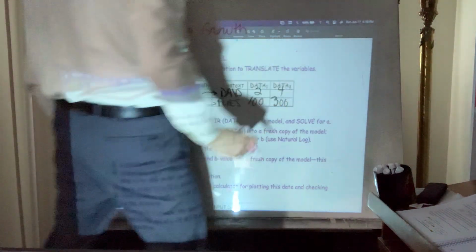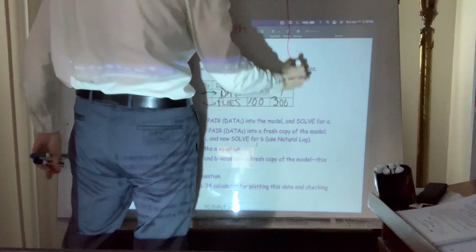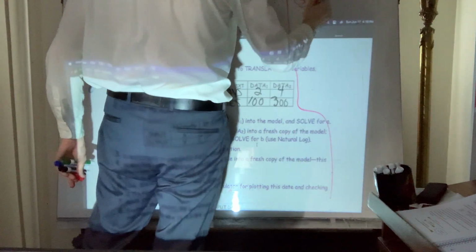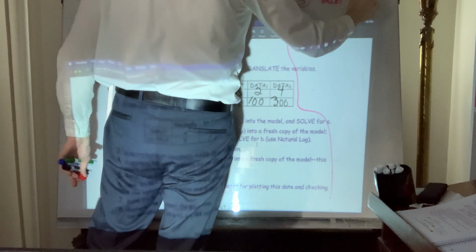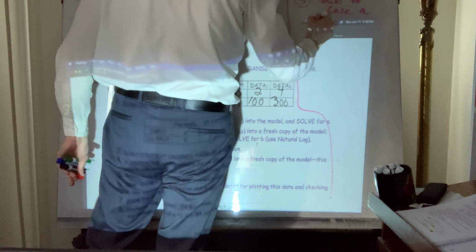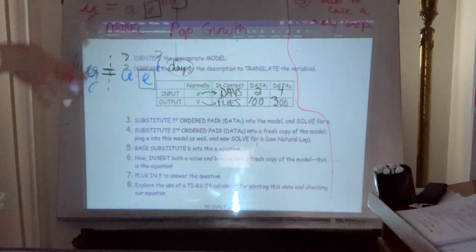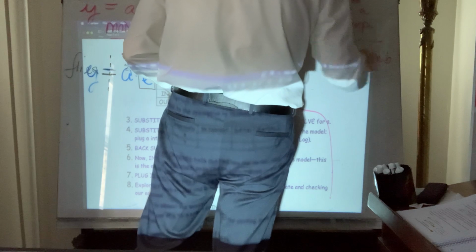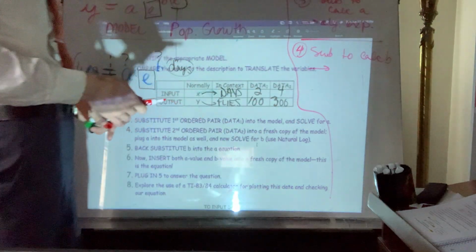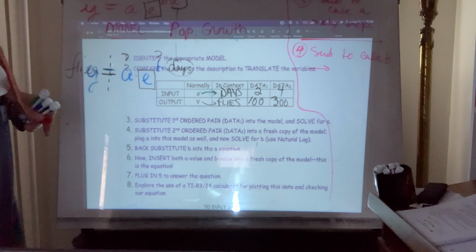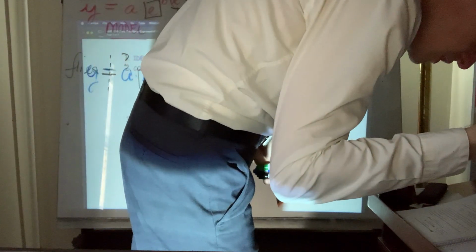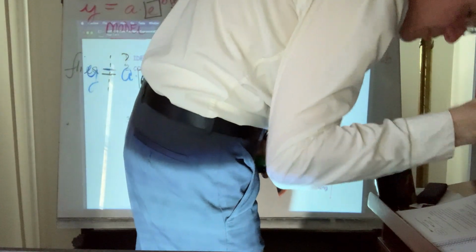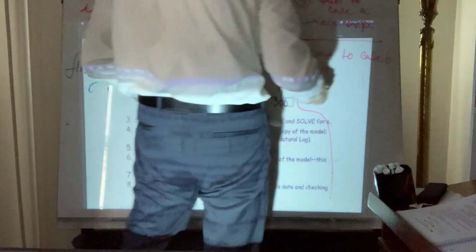So I'll put it over here to summarize. Step 3 is sub to calc A. Just know that it's going to be an algebraic expression, not a nice warm fuzzy number. And then we're going to sub to calc B, and we will get a number in that event, at least I believe my memory is correct. It's not going to be a satisfying number, but you will get an actual number.